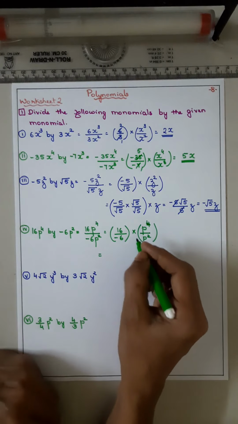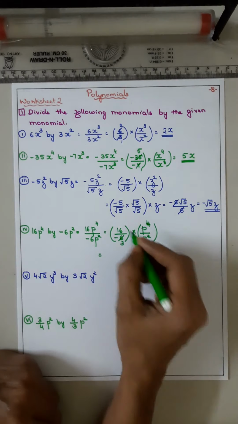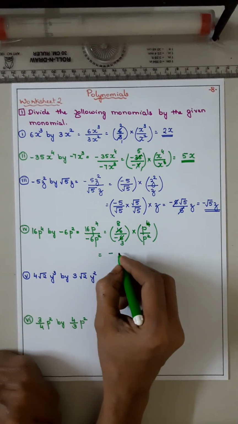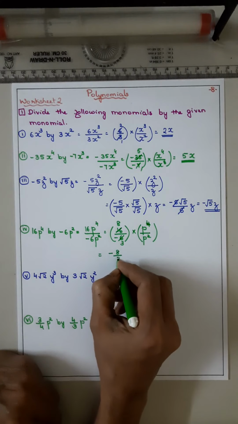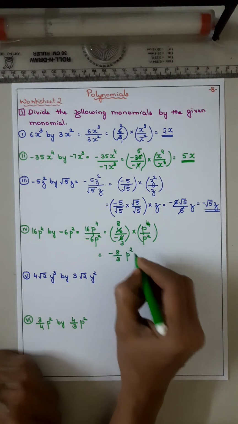Now direct cutting is not there, so 2 3s are 6, 2 8s are 16. So it became minus 8 by 3, and this is p, 4 minus 2 is 2.